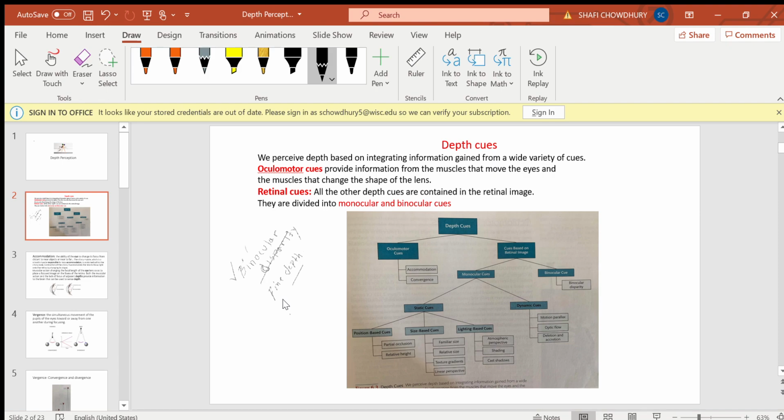Okay, a relative depth, near or far, relative depth. Okay, so fine depth discrimination and relative depth discrimination depend more on the binocular disparity or two retinas.